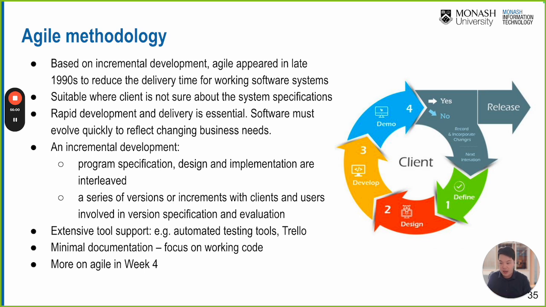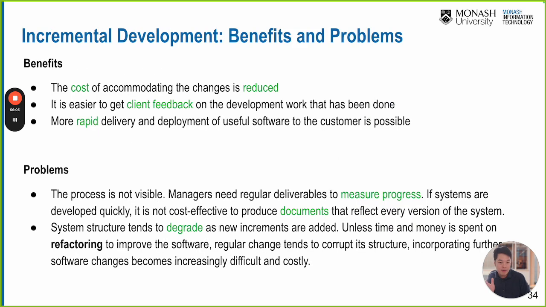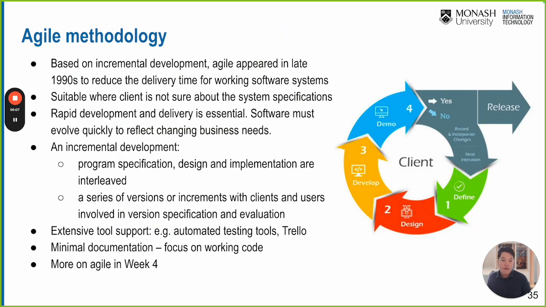So it's a trade-off. That's why, based on the incremental software development process, in 1990-something they created the agile methodology, to reduce the delivery time for the working software system. It is quite suitable where the client is not sure about what the system specification would be.